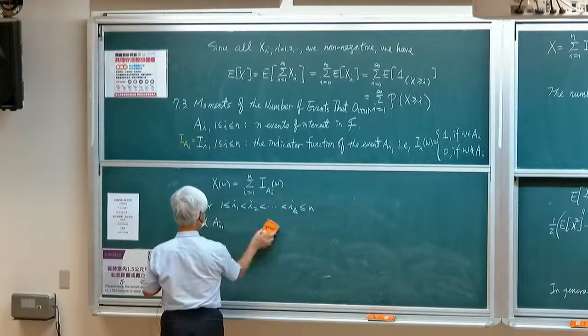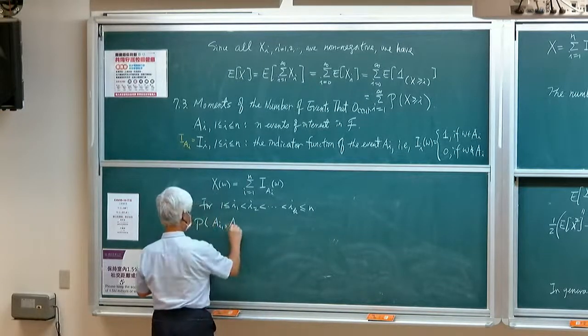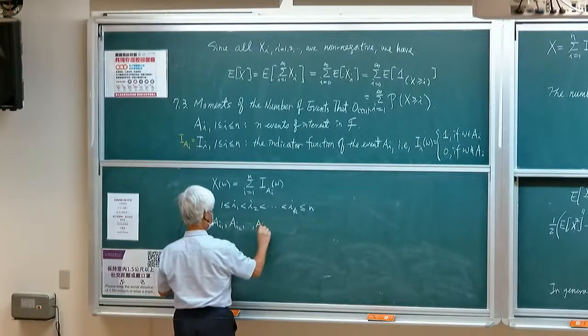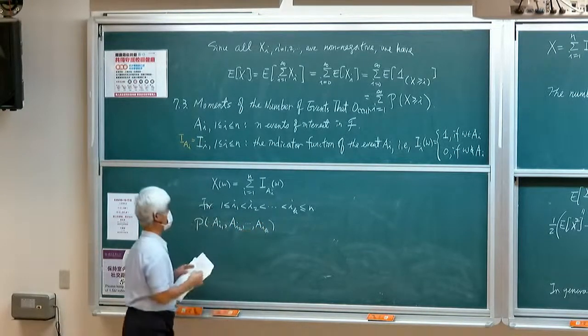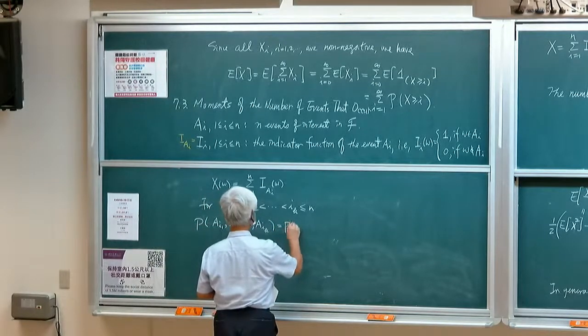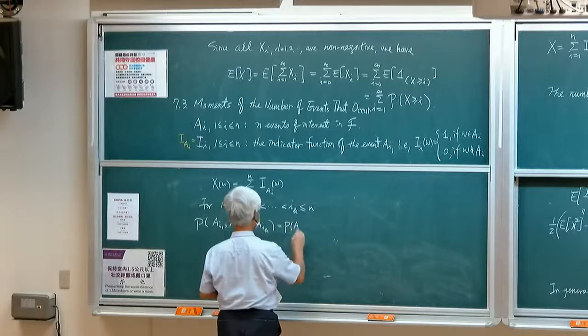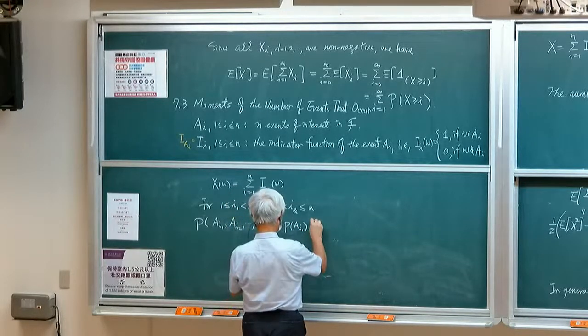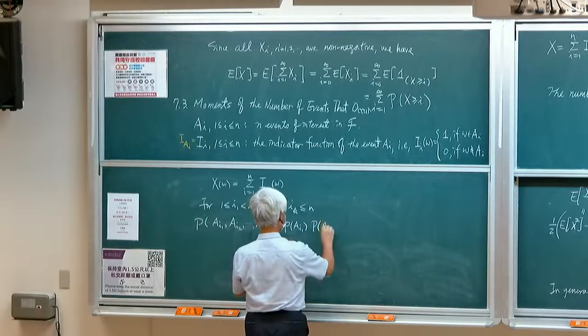Sometimes it's better to use the chain rule, by using conditional probability.